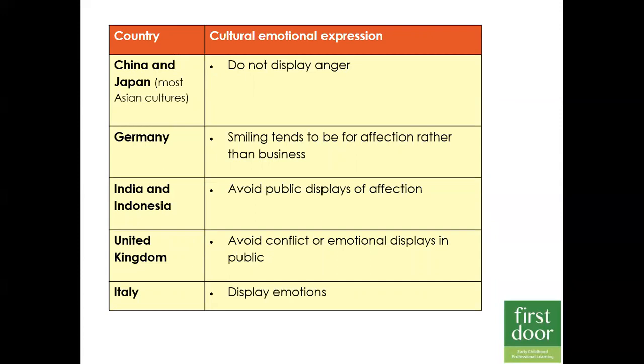So in the workplace, if you work with somebody who is from China or Japan, just have an awareness that part of their culture is not about displaying anger. They may be experiencing sensations in their body about things that they don't agree with, but it's actually not part of their culture to share that. So we need to think about how we can get around that.